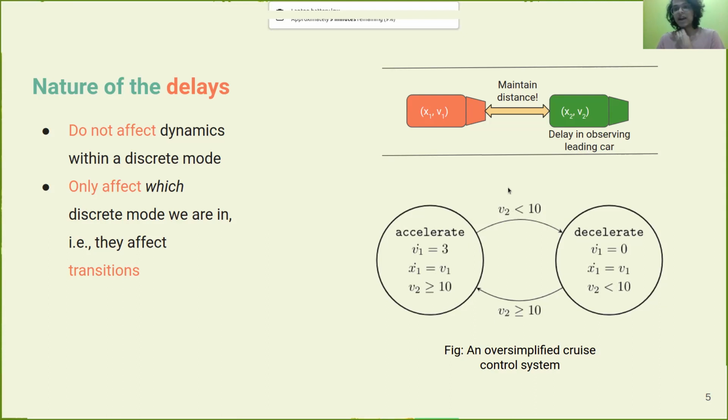That is, since we have delays on the observation of the velocity of the leading car, and we have a guard condition upon the transitions, which depends on the variables of the leading car, green car. This affects the transitions that we might need to take between the discrete locations.